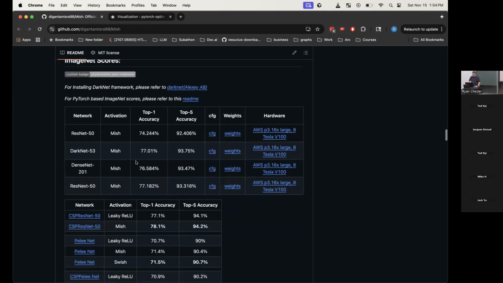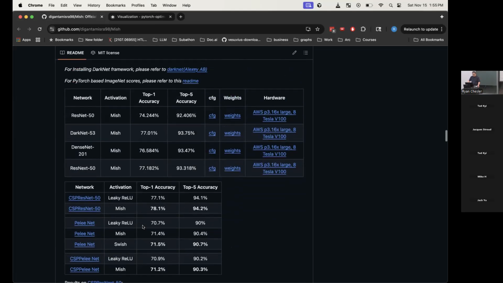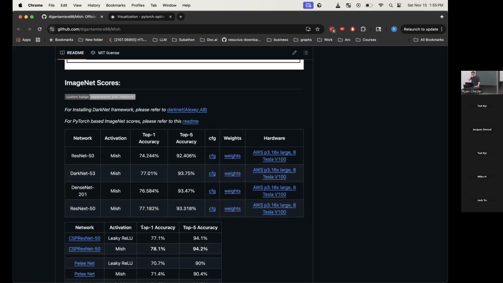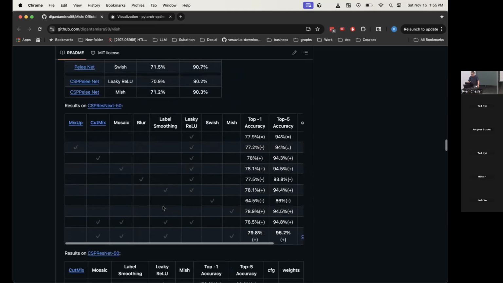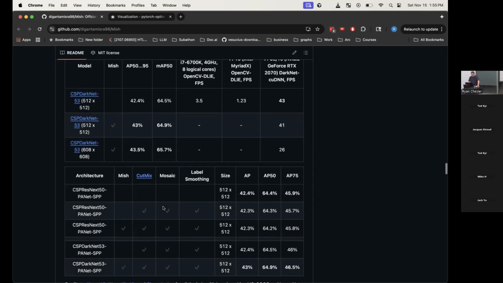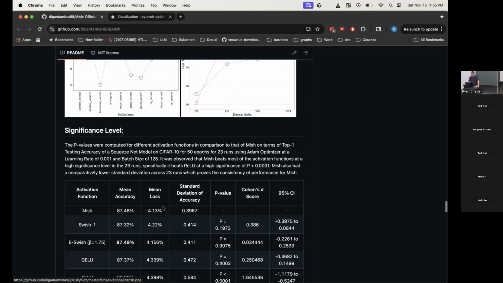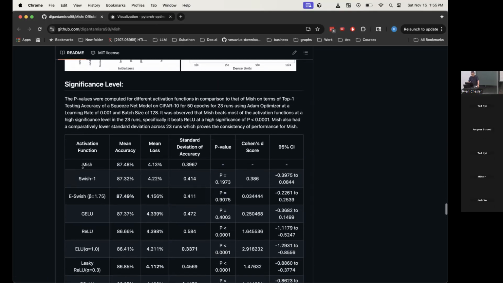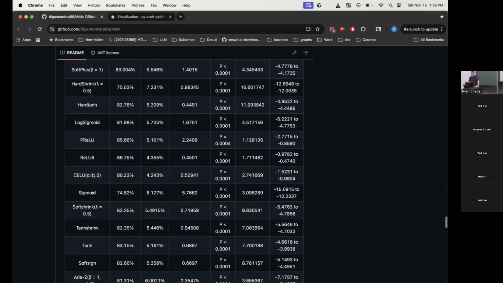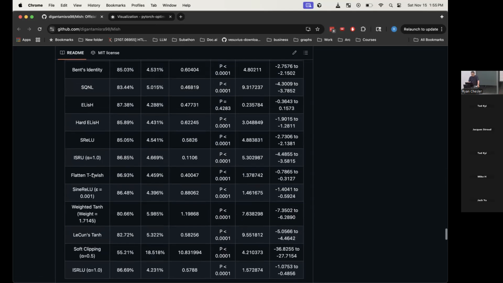And they also did really thorough analysis of many different domains. So looking at image stuff, looking at text stuff, looking at other kinds of models, and then just applying all of these different activation functions and seeing how they do. They have this table where they basically said, look, we tried all of these activation functions.